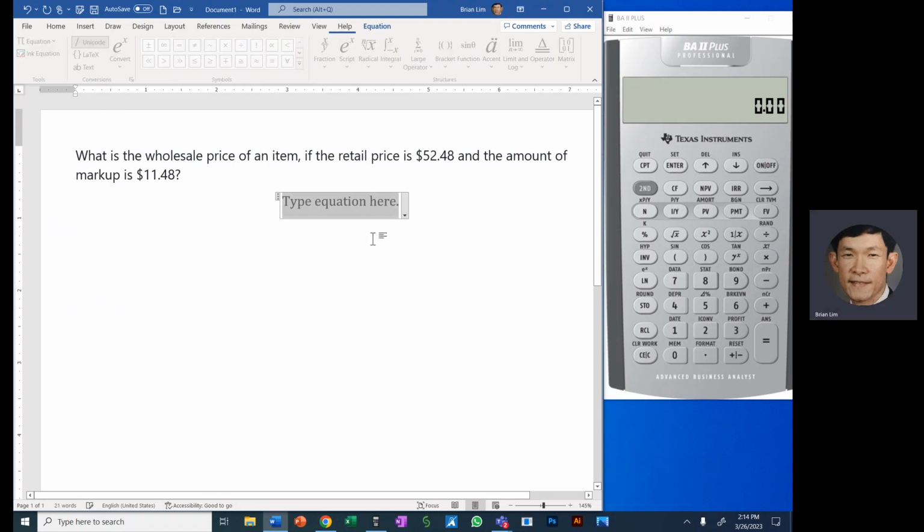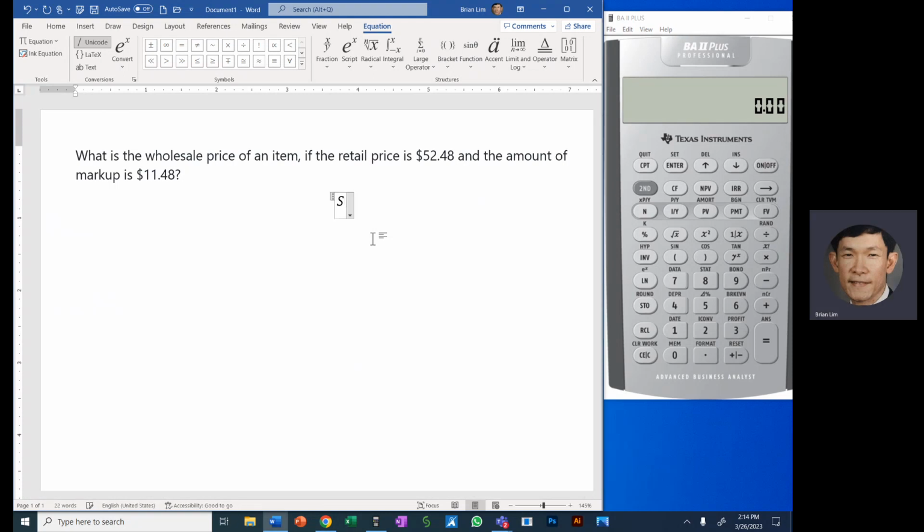So this is the formula we'll use, that the selling price is equal to the cost plus the markup, right? So the retail price is the selling price. So if we enter that, that would be S is equal to $52.48.